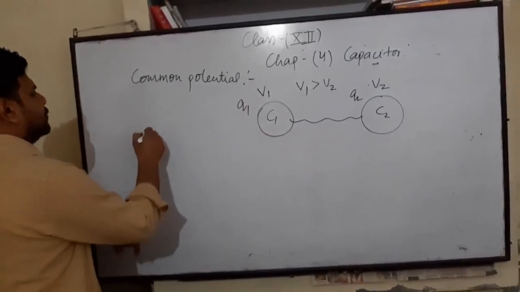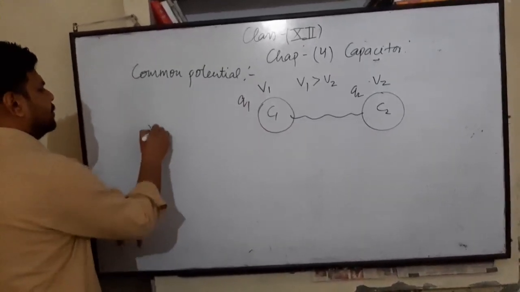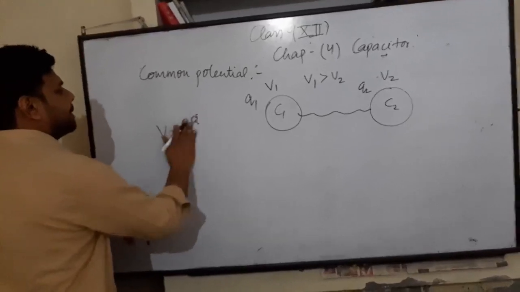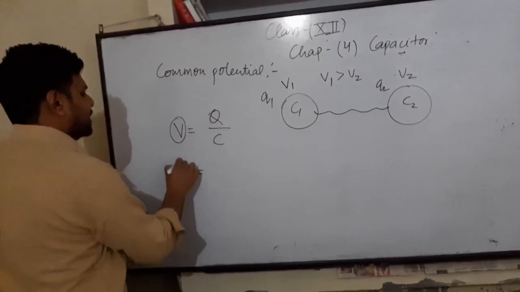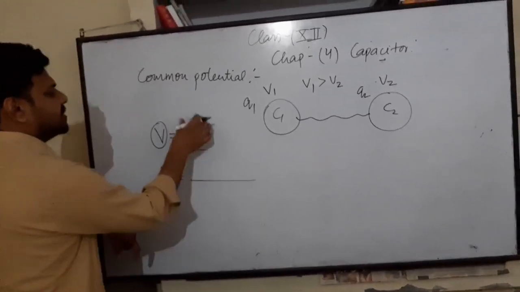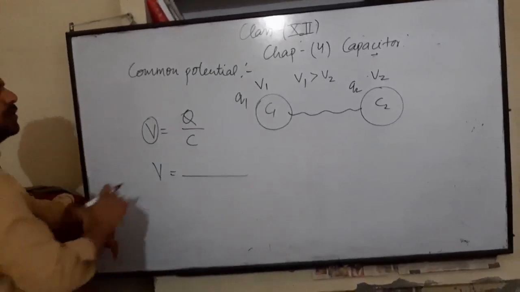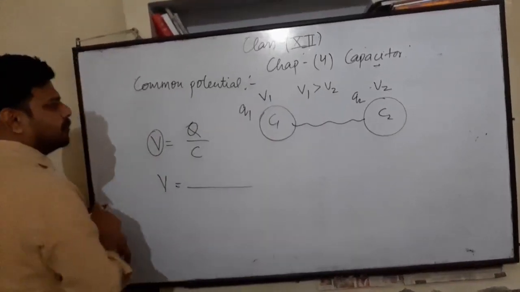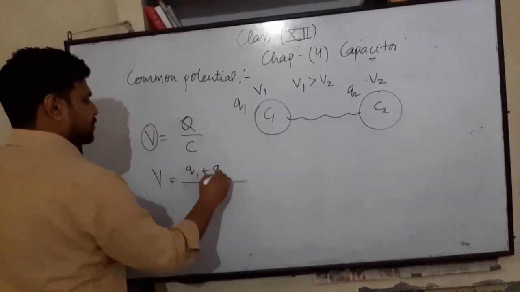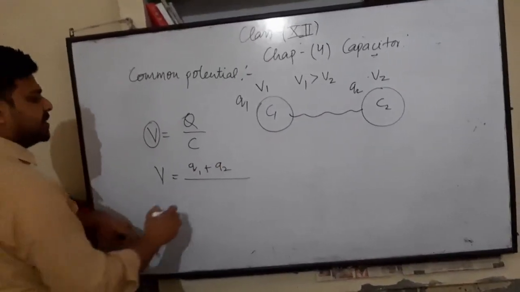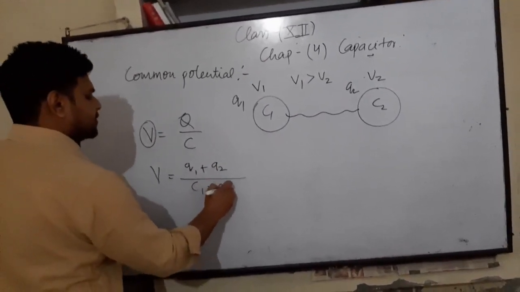So from Q is equal to CV or V is equal to Q over C, this is common potential V, and this is total charge on this system of two capacitors, which is Q1 plus Q2, and the total capacitance is given by C1 plus C2.